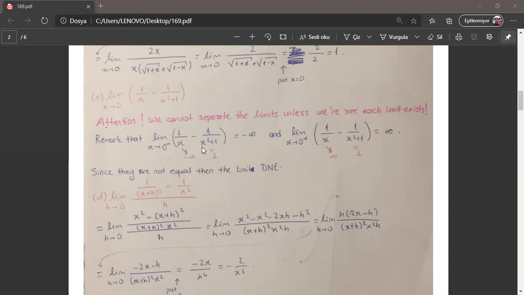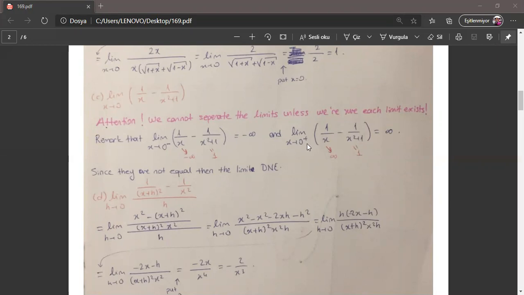As x approaches 0, we can consider that x is almost equal to 0, so we can consider x squared equals 0. So we get 1 minus infinity minus 1, which gives minus infinity. So from the left, we have this limit.